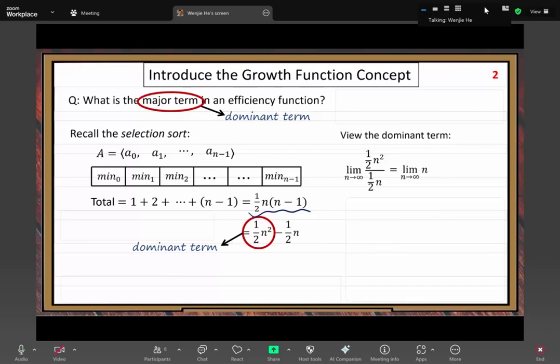N goes to infinity. That's infinity, right? So if you ask me how dominant, the ratio goes to infinity. Now you have no problem on the dominance, right? Because the ratio goes to infinity, the second term can be ignored.